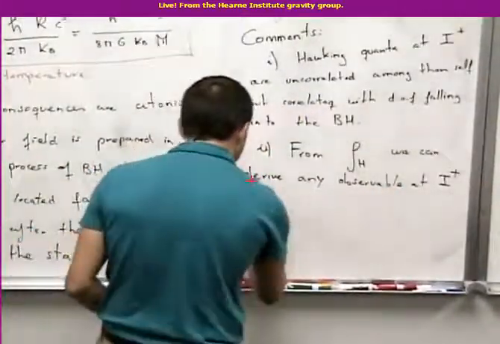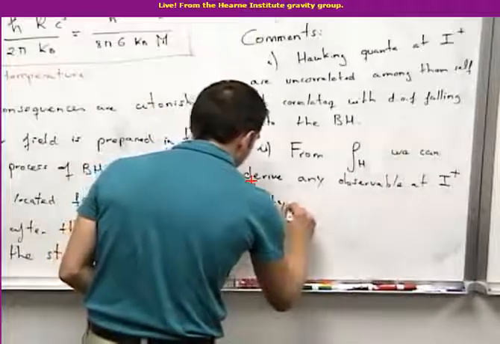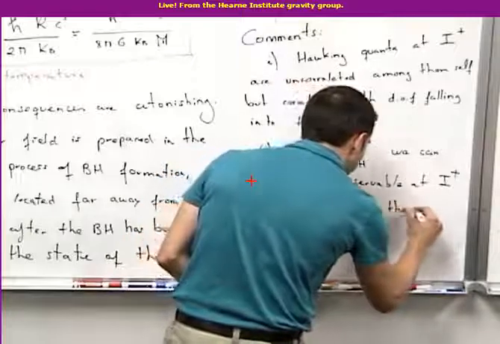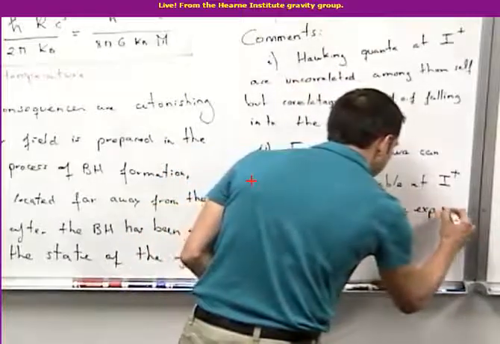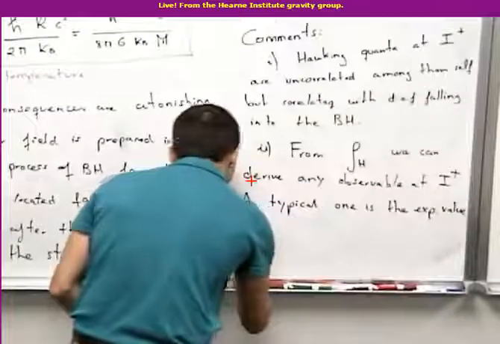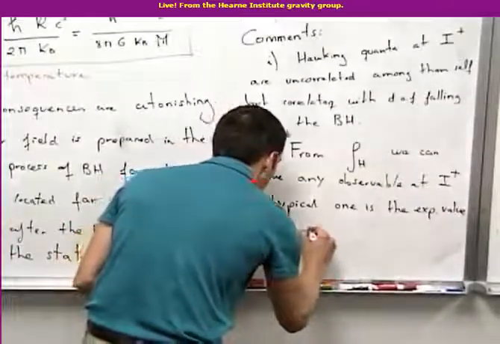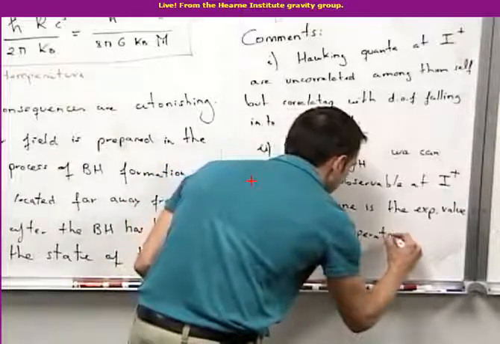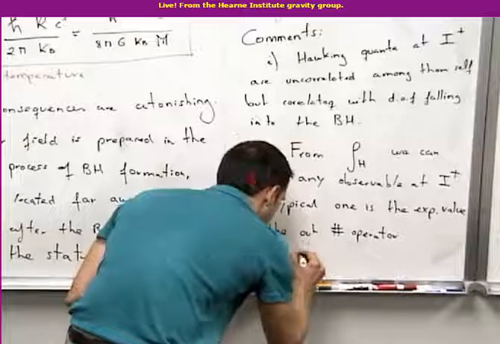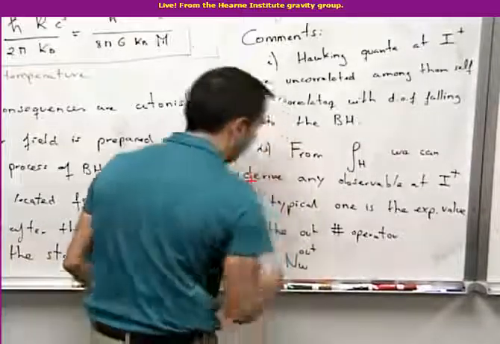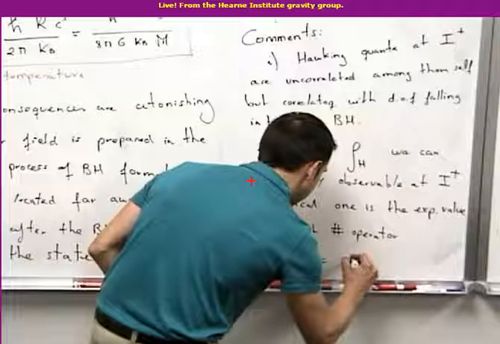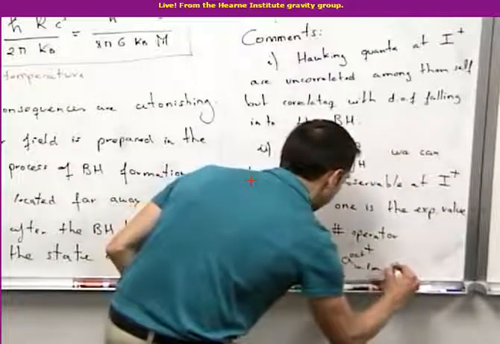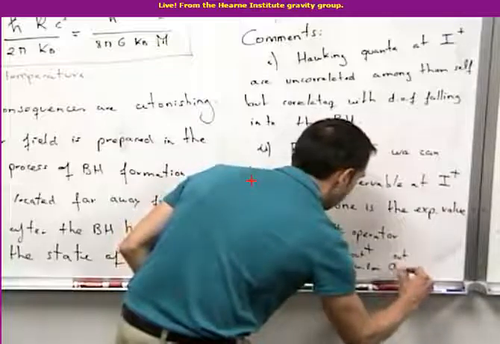A typical one is the expectation value of the out number operator, for instance, the number operator associated with out quanta with frequency omega, that is, a out dagger omega l m times a out omega l m.